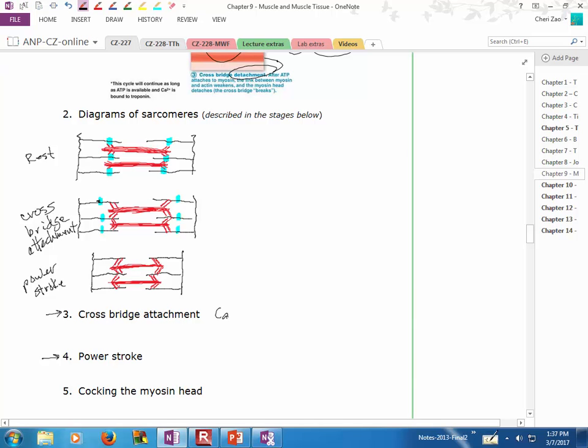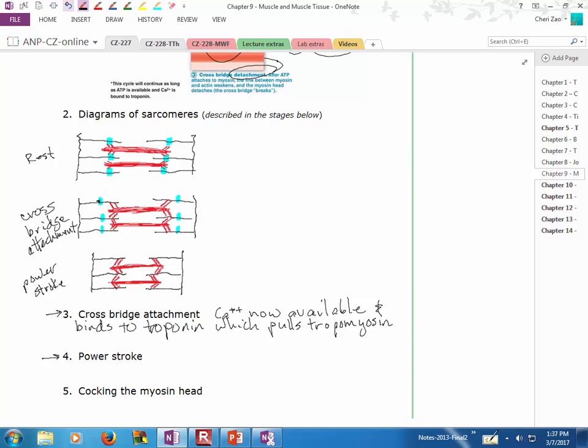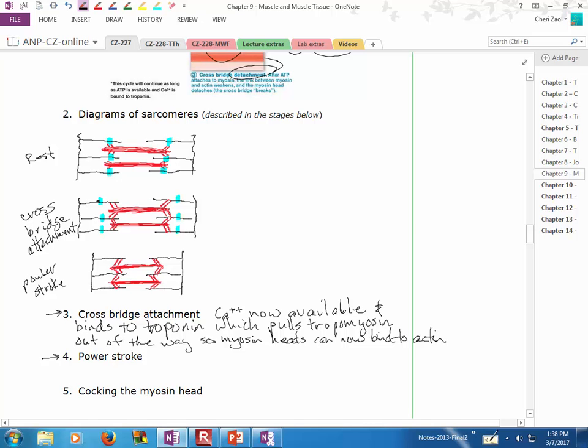This happens because calcium is now available and binds to troponin, which pulls, because now it's got calcium with it, tropomyosin out of the way so myosin heads can now bind to actin's binding sites.